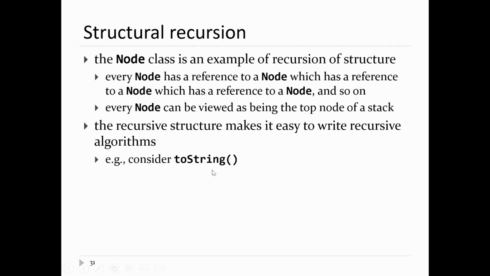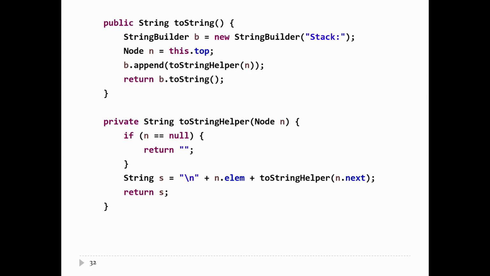So for example, you can write toString in a recursive way. The way you write it is you have a public method called toString. It returns a string, the string representation of the stack. We start out in the same way as the iterative version. So I start out with a string builder, and the string builder starts out with the string stack.